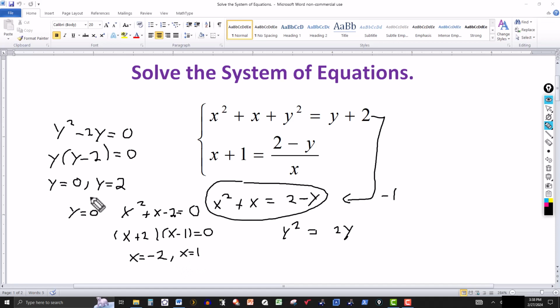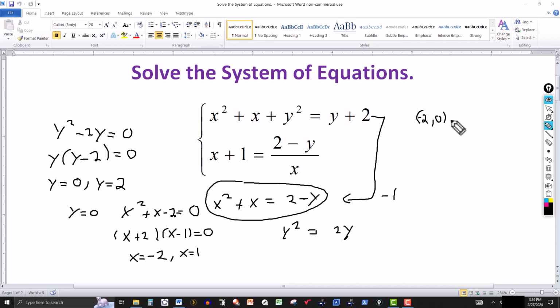So we know that the graphs of these equations intersect where y is equal to 0 and y is equal to 2. So we simply need the x component of those points. So when y is equal to 0, x can be negative 2 or 1.